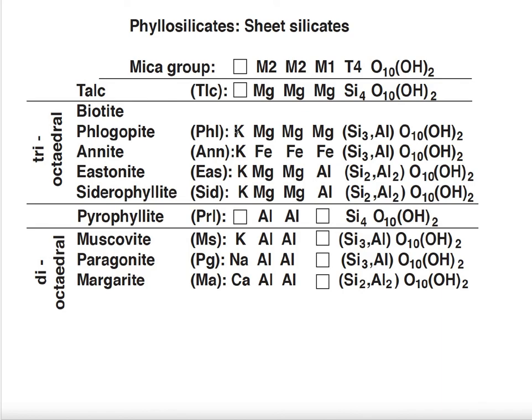For example. Then we must also have a calcium end member, because we also have a plagioclase which is a calcium-rich end member, and this is called the anorthite. Then we have a calcium-rich dioctahedral mica, which is called the margarite.